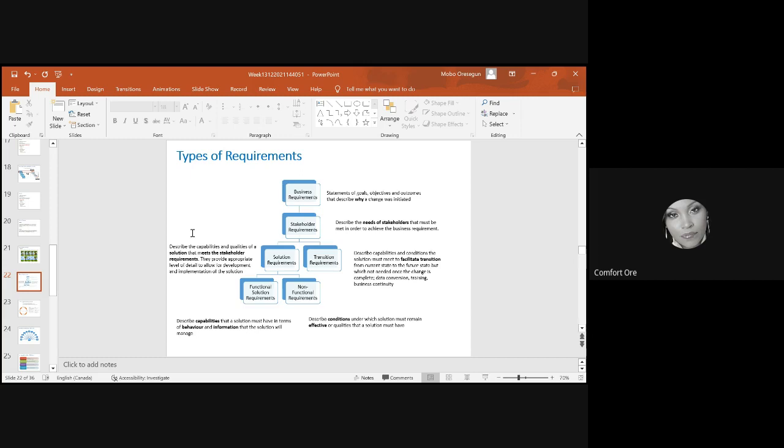All right. So business requirements will be your why. Why are you doing this? Again, it ties back to what? So there's a project, and then you're brought in as a BA, and then we're talking about the why. Why are you doing this as a BA?